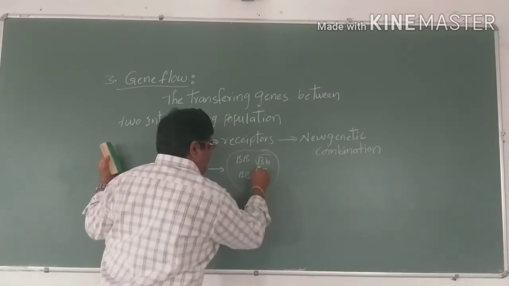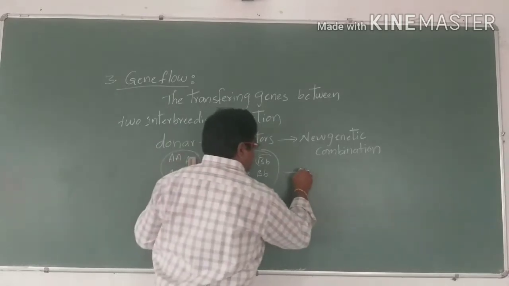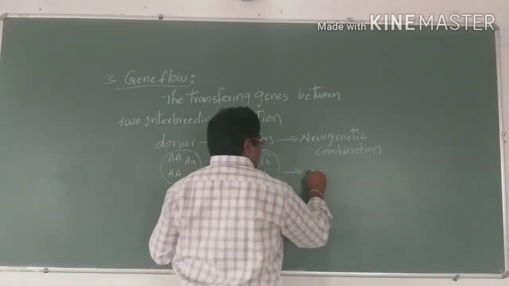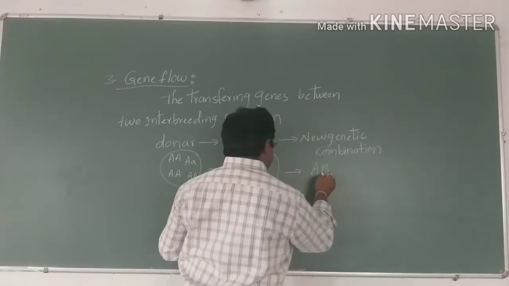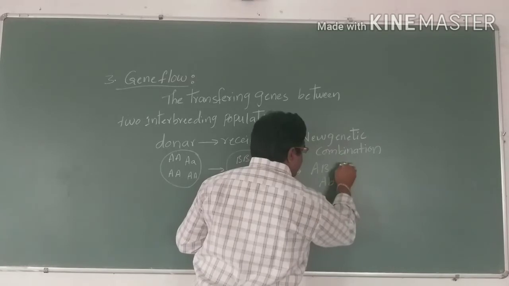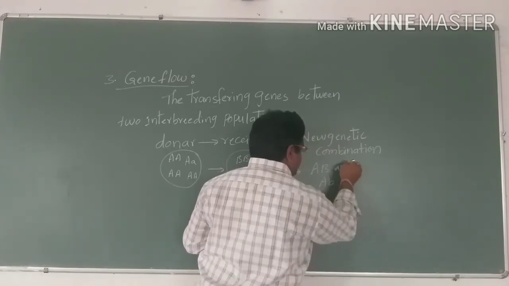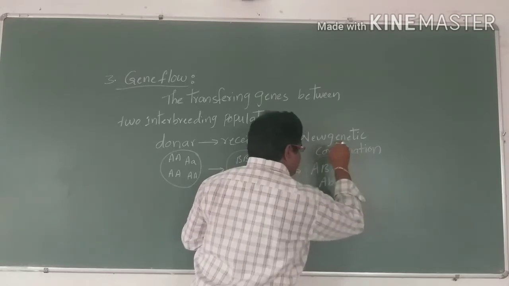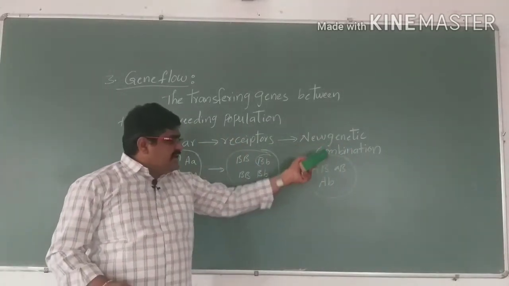Here a new genetic combination takes place, giving capital A capital B, capital A small b, capital A small a capital B. These are the variations where a new genetic recombination takes place.